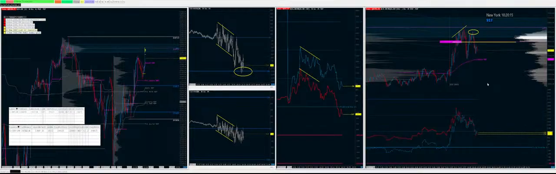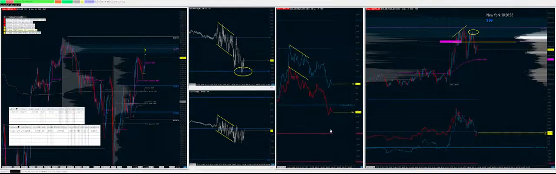Man, I wish the heat would break. If it breaks, then I feel good about this. So volume delta is positive, but trades delta is negative.